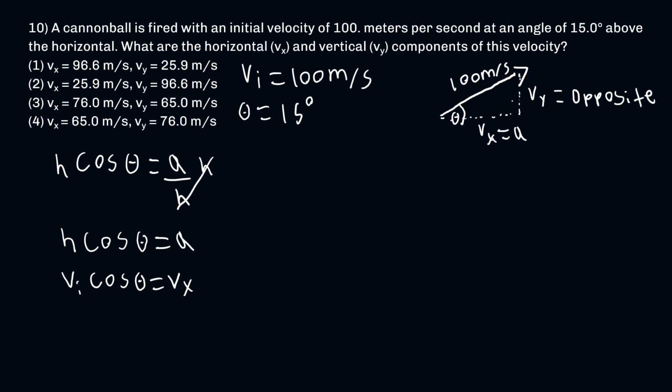If I plug this in now for my trigonometry, finding the opposite when I have the hypotenuse is going to be sine. So sine theta equals opposite over hypotenuse. Same idea: multiply the hypotenuse on both sides, because the opposite is being divided by it. I end up with hypotenuse sine theta equals the opposite.